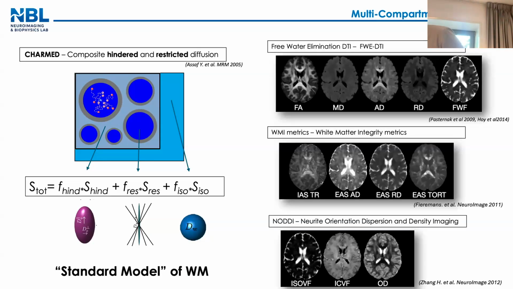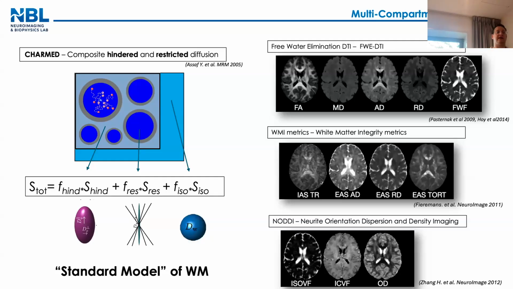Or, for example, you don't look at the restricted compartment at all, only hindrance and free water, and what you get is free water elimination imaging. So what we realized is that by plugging in and out different compartments, we have what we call today the standard model of white matter. There are a few papers, search for the term standard model of white matter.